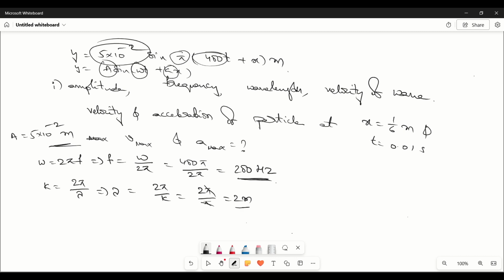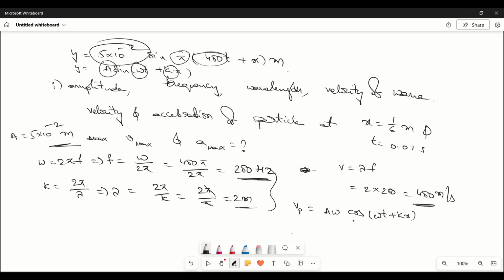Now we have to represent particle velocity, where we know that particle velocity is given as a omega into cos of omega t plus kx. Substituting the values of omega, a and the value of cos, we get Vp is equal to 10 root 3 pi meter per second.